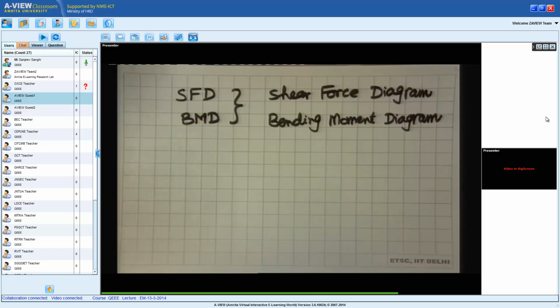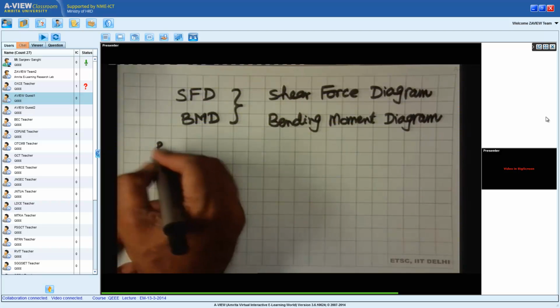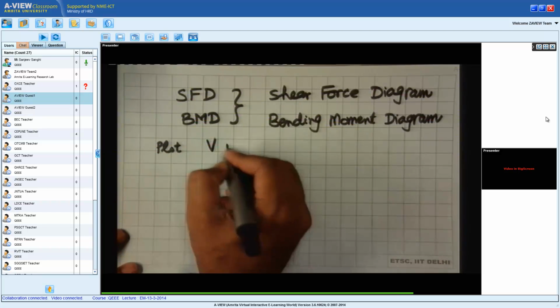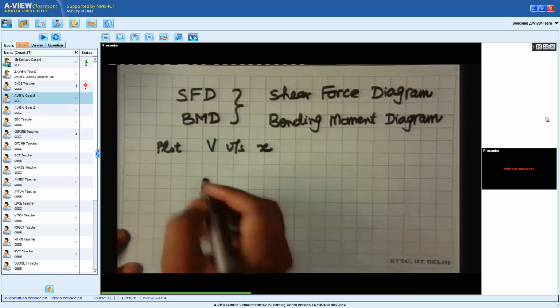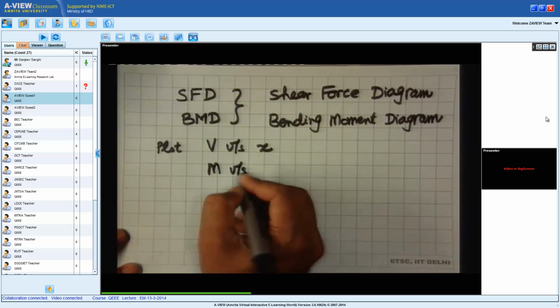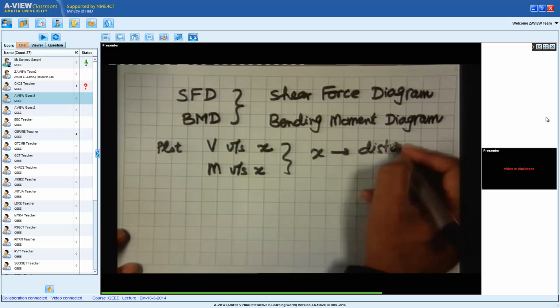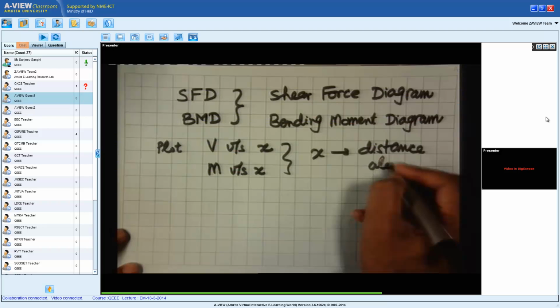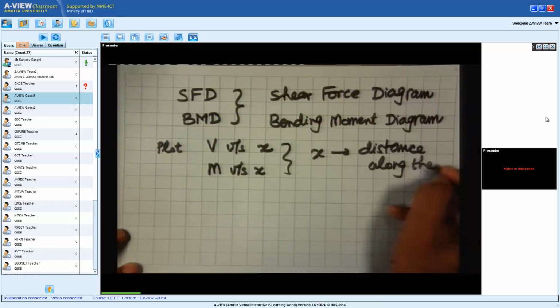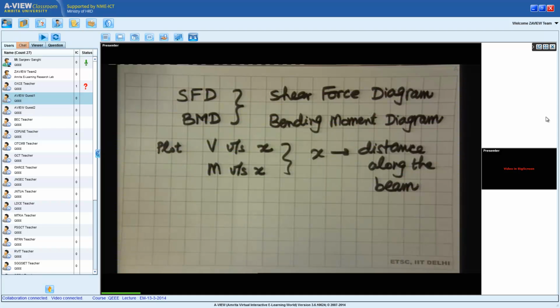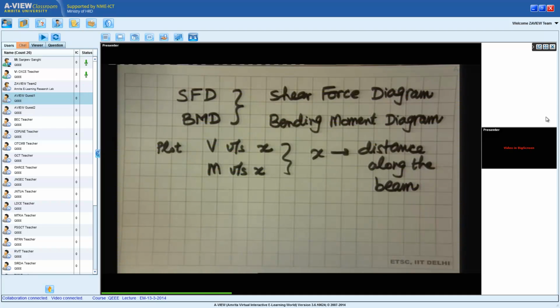And what do we do in these diagrams? We plot V versus X and M versus X, where X is the distance along the beam.